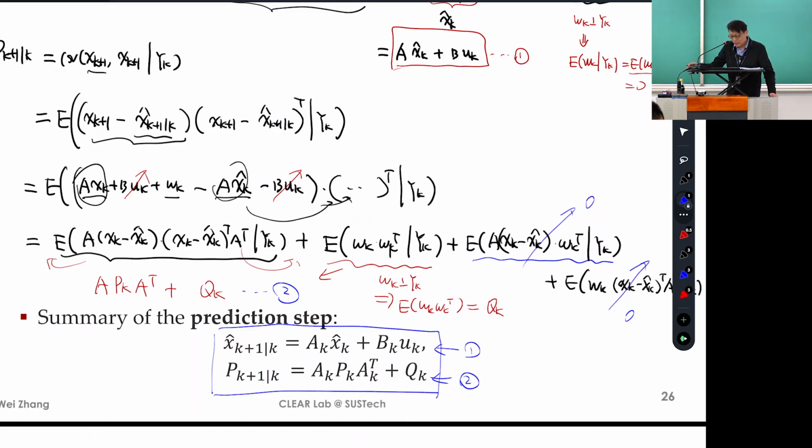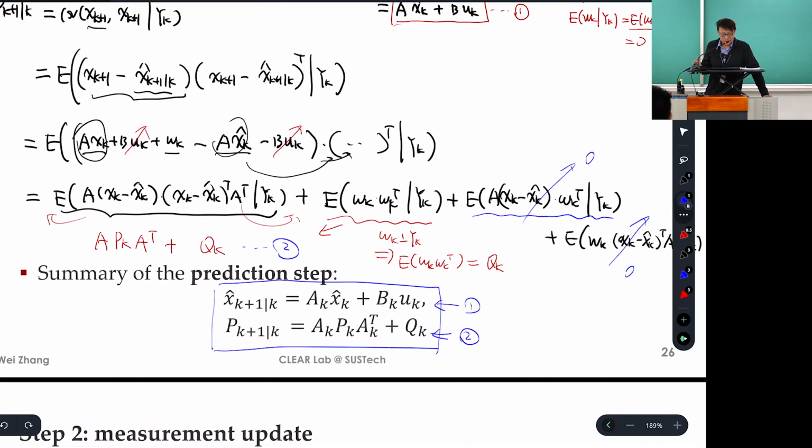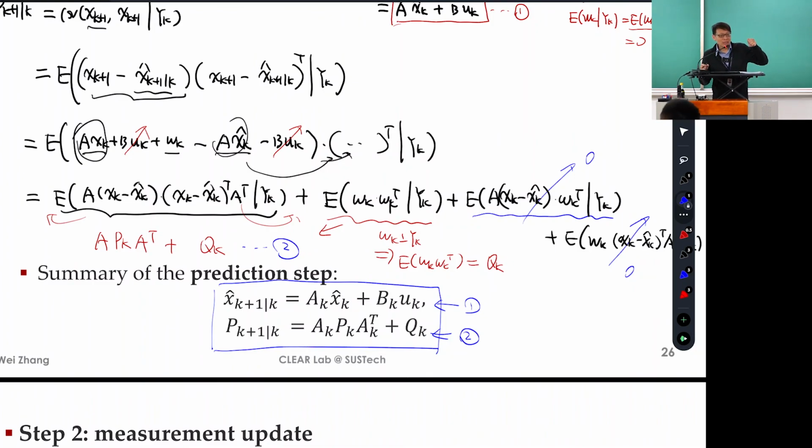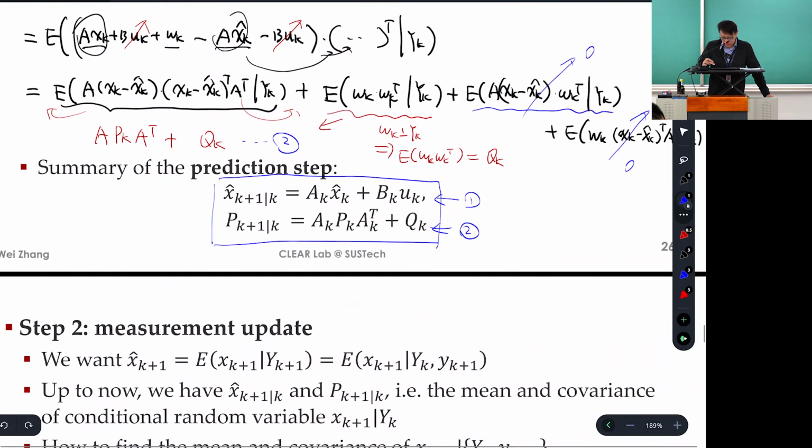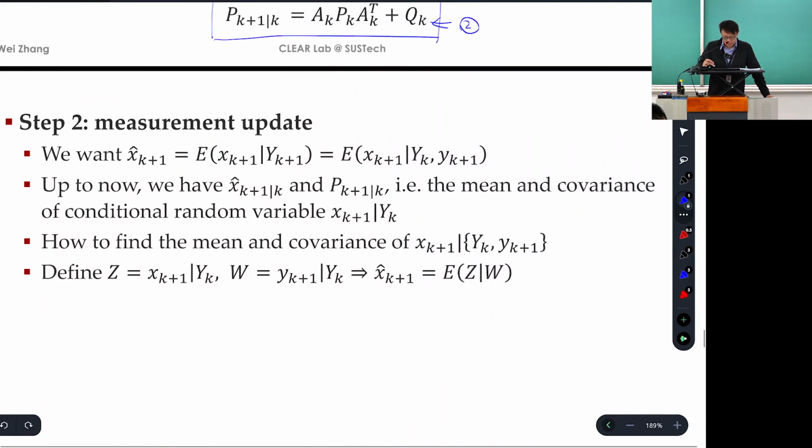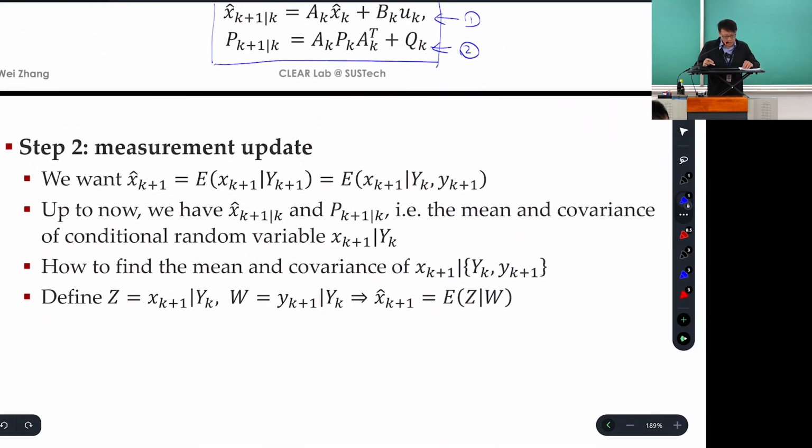You just try to understand them. Are you with me on what we're doing? Prediction. We are trying to find the best estimate of xk plus 1 given measurements up to time k. Because everything is Gaussian, we can do this very easily. The second step is the hard part.